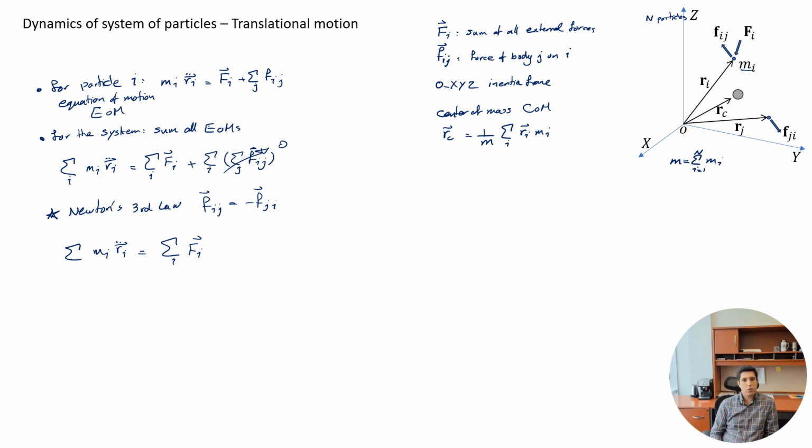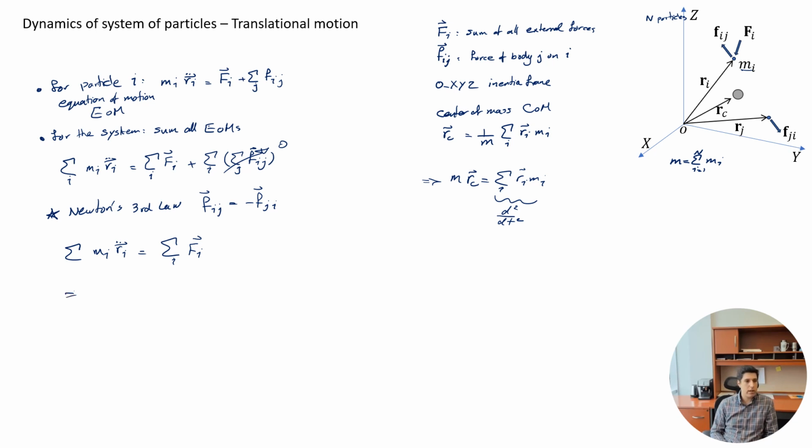And here is where the definition of center of mass comes in handy. From the definition of center of mass, I can write M Rc equals the sum over i of ri mi. And if I take the second derivative of this, d squared over dt squared, what I get is the same acceleration.